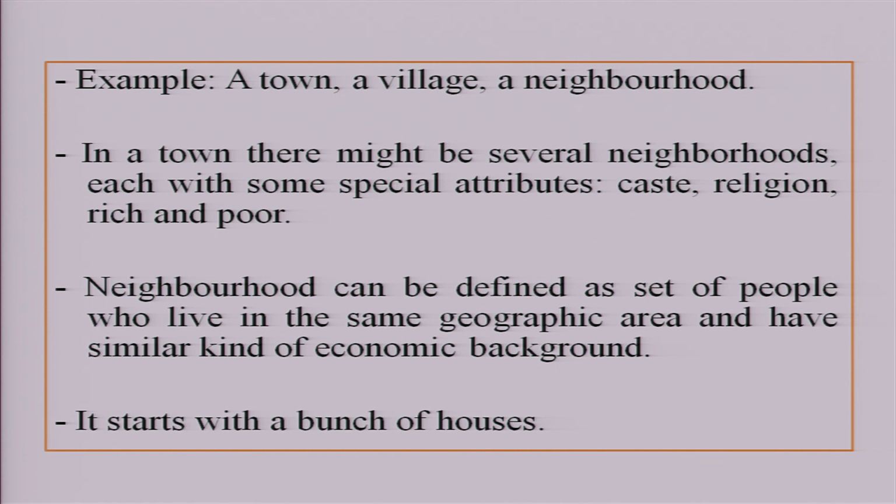For example, when you or your parents search for a house, they search the locality, which type of people are staying there, what their educational backgrounds are, because they want to take a house in a place where they can relate, where the people staying there have a similar educational and economic background, so they take their houses there.